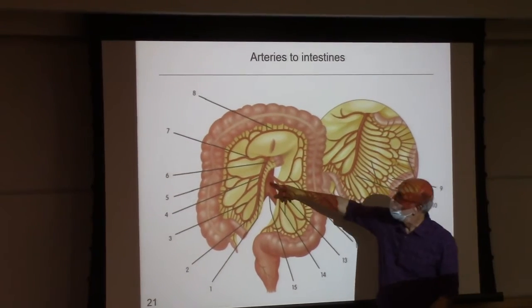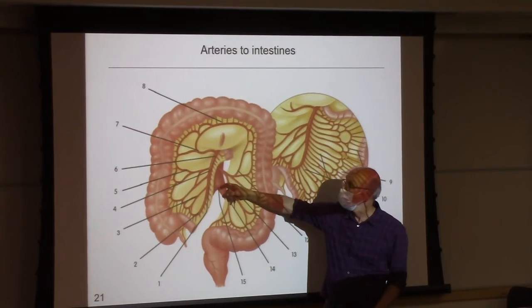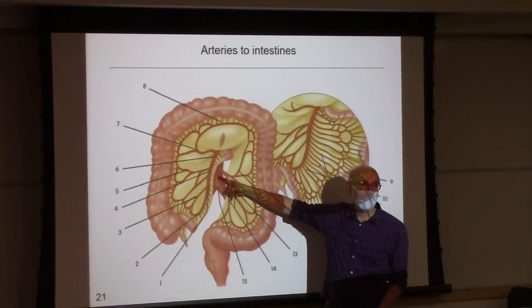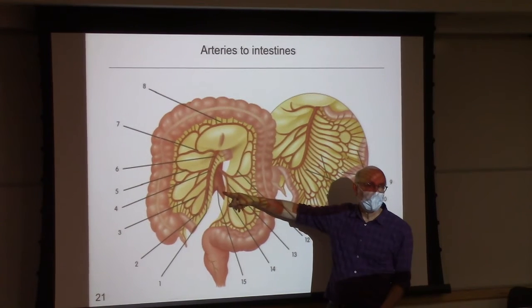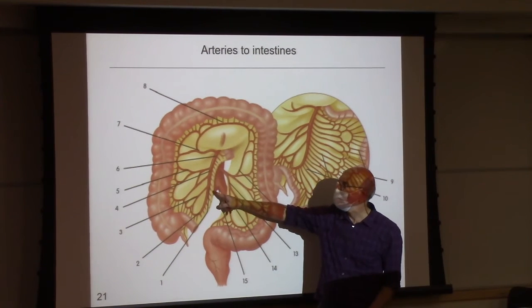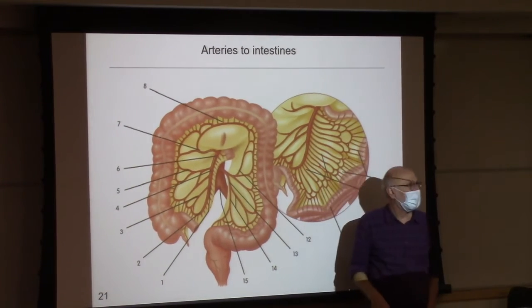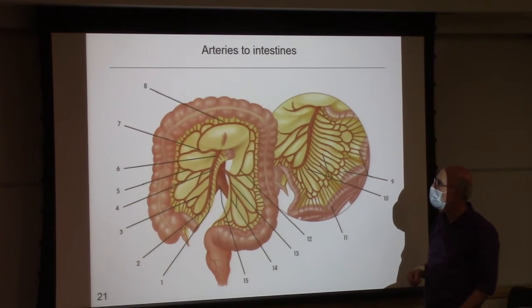What is this one? Abdominal aorta. What is this one? Left common iliac and the right common iliac. So you know some of these already. It's just a matter of bringing them back out of your deep memory banks.